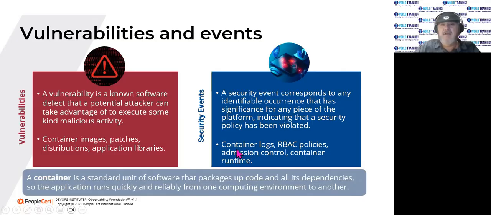This can again apply to container logs, the RBAC policies, the admission controls, and container runtime. A container is a standard unit of software that packages up code with all its dependencies so the application can run quickly and reliably from one computing environment to another. So that's basically just a few definitions regarding vulnerabilities and events in containers.